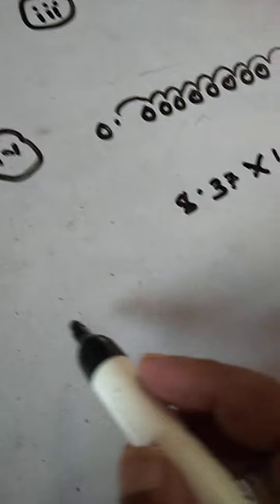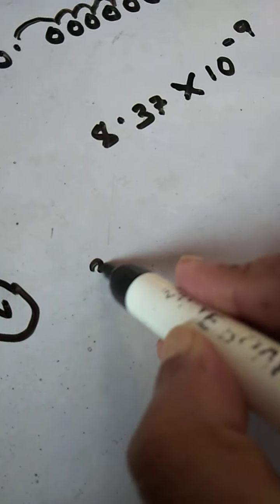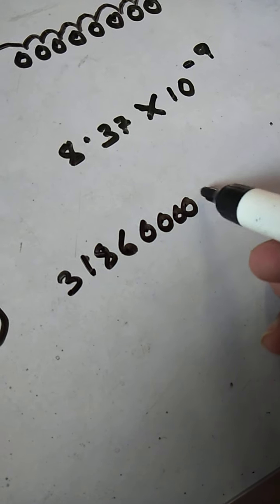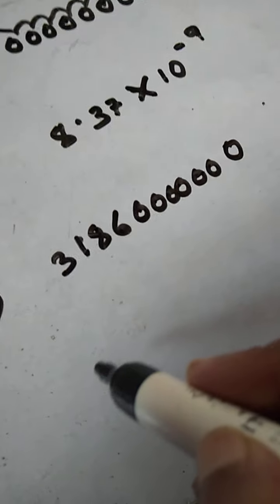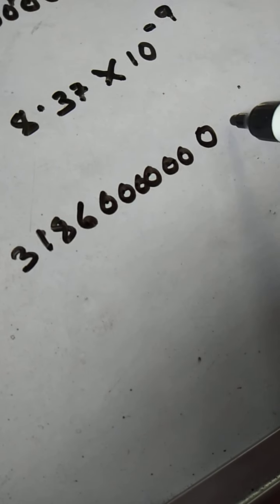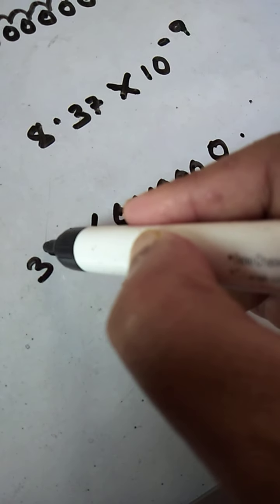Now let's give you another example, that is 5.3186 and so on. This number is not carrying any decimal sign, so we consider that the decimal sign is here, and it has to move here.